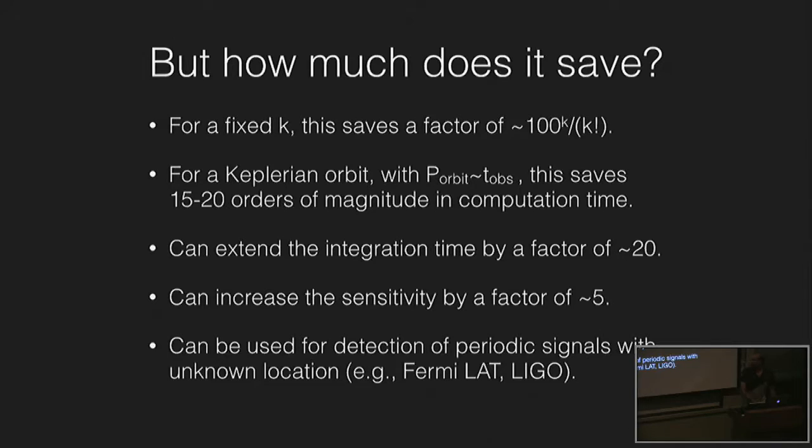One additional thing is that this applies also to two other problems. The IPTA, the International Pulsar Timing Array, wants to find as many millisecond pulsars as possible to detect gravity waves in the nanohertz regime.